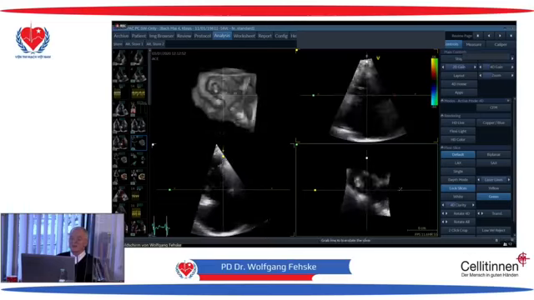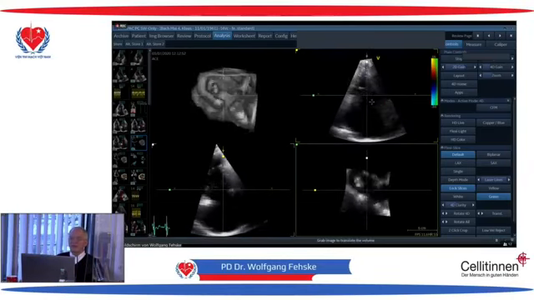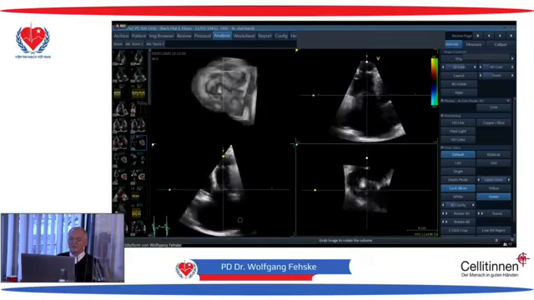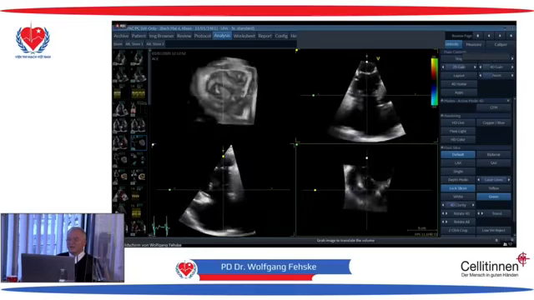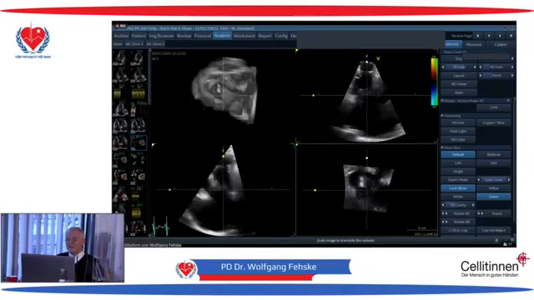And what is even more impressive is that you can see the gap. You can try to get every information directly from this 3D aspect, and you see that in the short axis you see the pacemaker lead, and this is the anterior leaflet, this is the septal leaflet, this is the posterior leaflet.